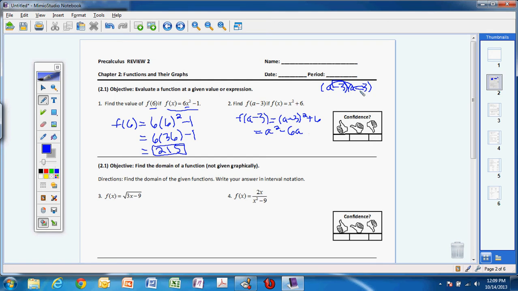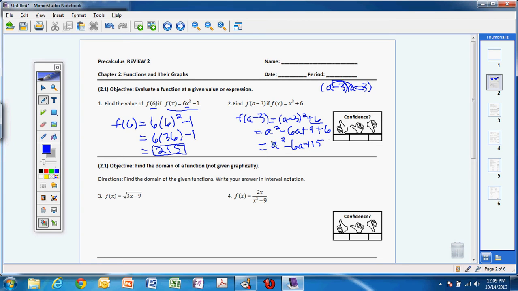And then negative 3 times negative 3 is going to be a positive 9. And then don't forget this 6 on the outside, so we still have that plus 6. So now the only simple thing I can actually do is I can add my 9 and my 6. So I'm going to be left with a squared minus 6a, and then 9 plus 6 is going to be plus 15.